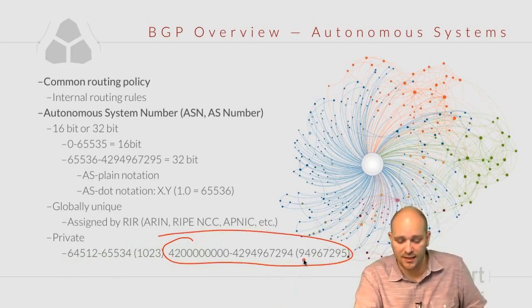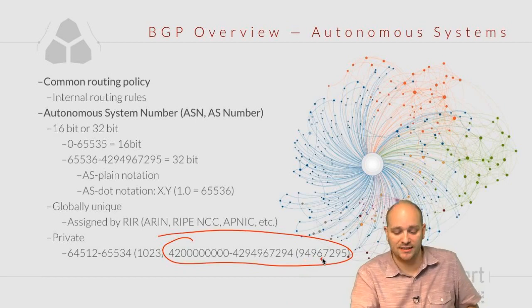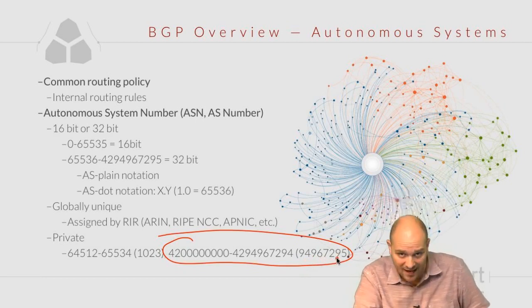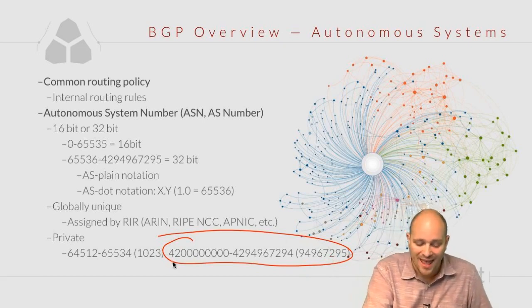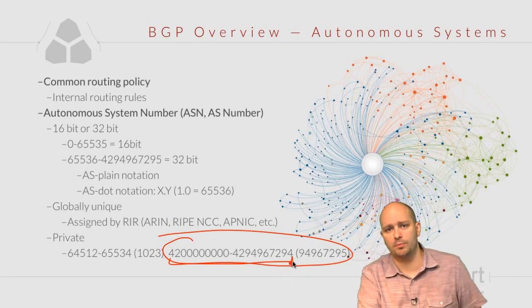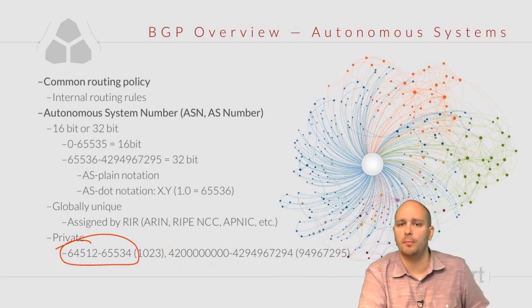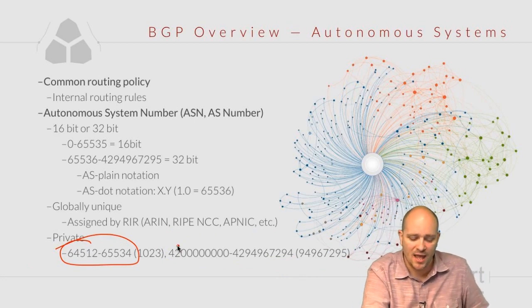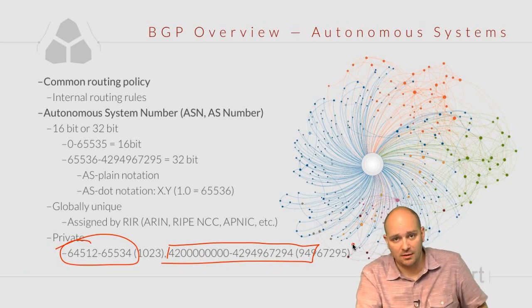If I'm not much mistaken, you are going to have 94,967,295 of them available. So it's unlikely that you're ever going to run out of them, and they will be coming from this range. For practical purposes, the 16-bit range is the one you should probably remember as the private range, and for this one here, good luck remembering what the actual range is, but here it is for your reference.